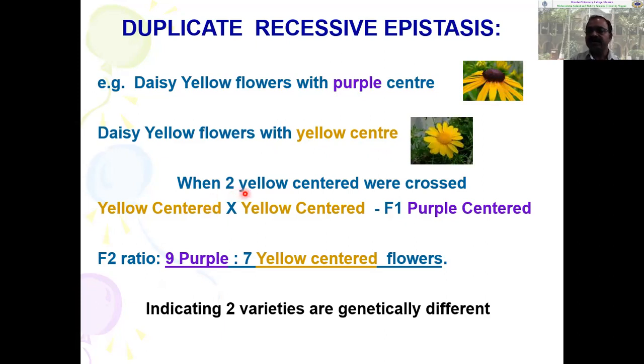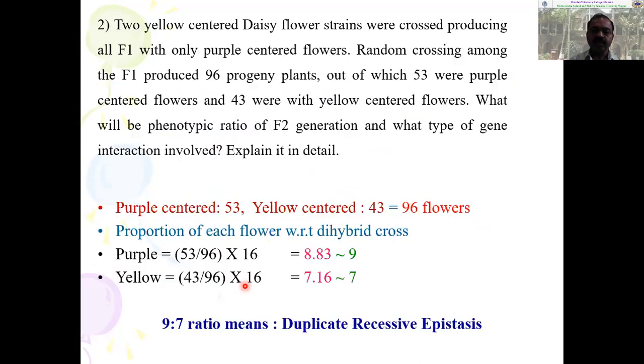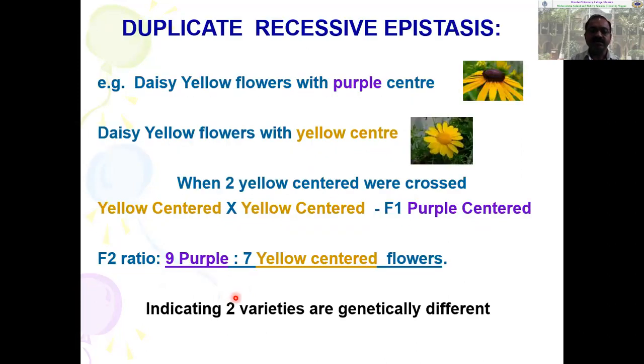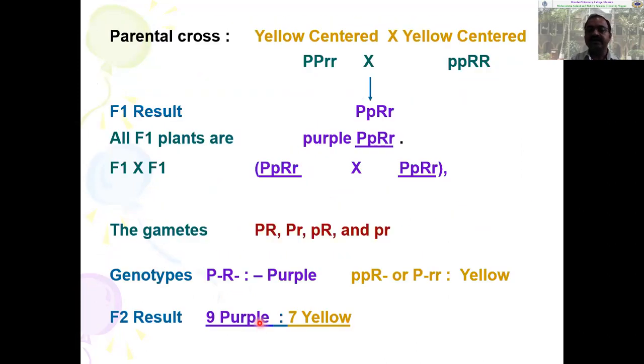So in our example, two yellow center varieties were crossed, yellow center with yellow center. It has produced a purple center. But the F2 ratio was 9:7, 9 purple to 7 yellow center flowers. That means it is a recessive epistasis. Duplicate recessive epistasis indicates the two varieties are genetically different.